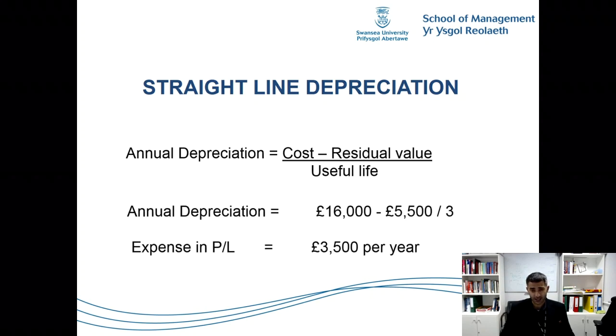So the annual depreciation is £3,500 per year, and if you remember, you need to record it in the statement of profit and loss under the expenses for 3 years. For 3 years, you record the same amount, £3,500.